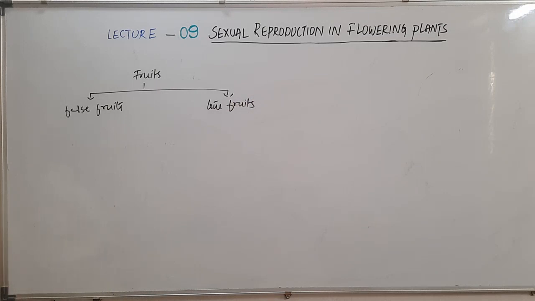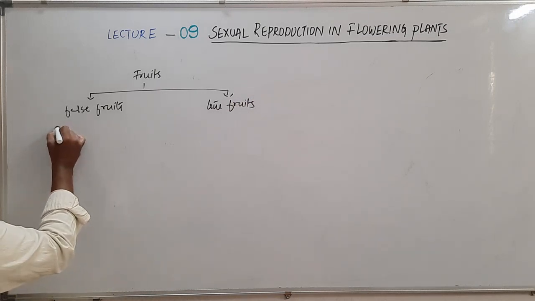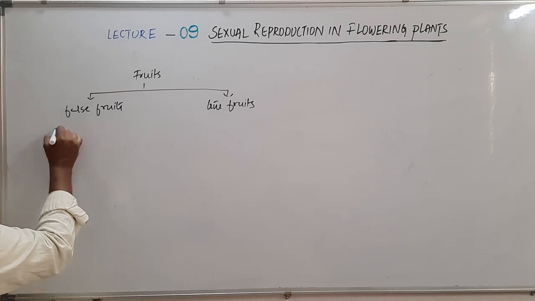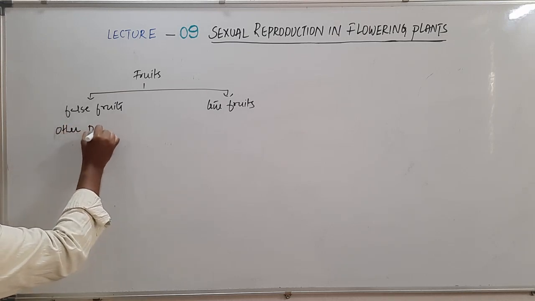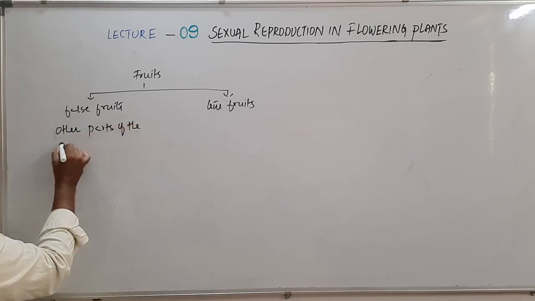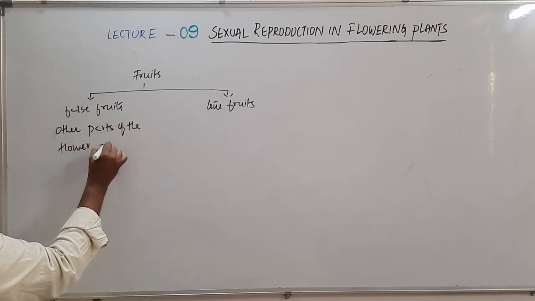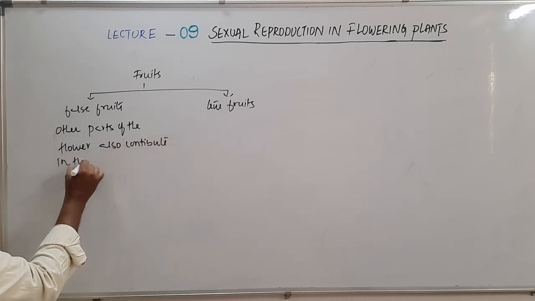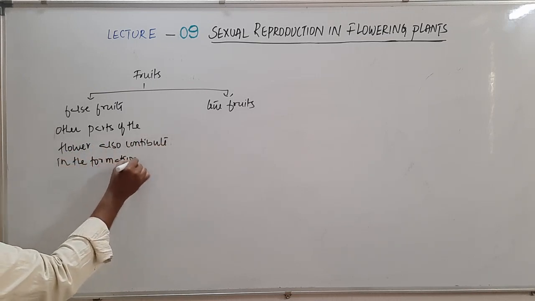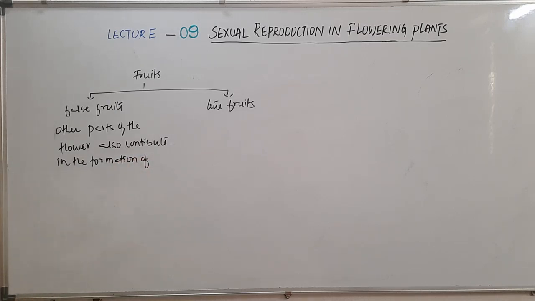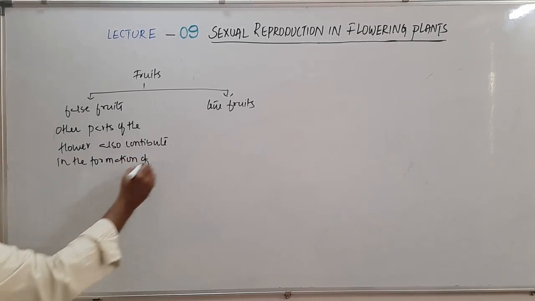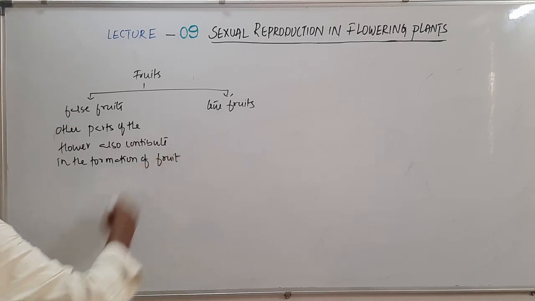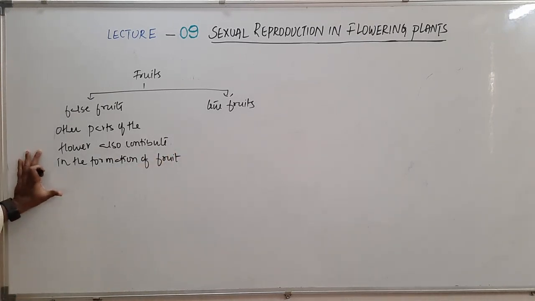In the case of false fruits, other parts of the flower also contribute in the formation of the fruit. If that is the case, then we call such fruits false fruits.